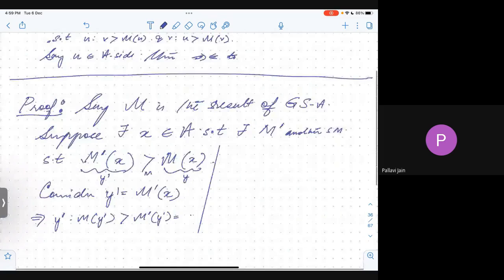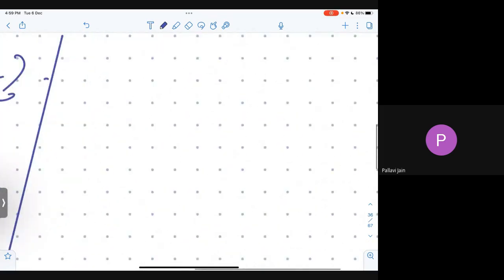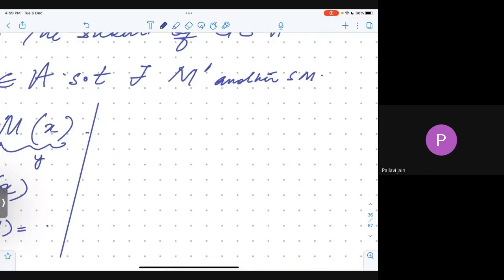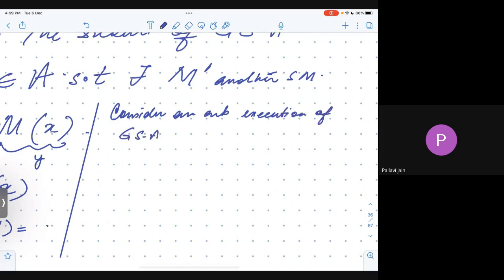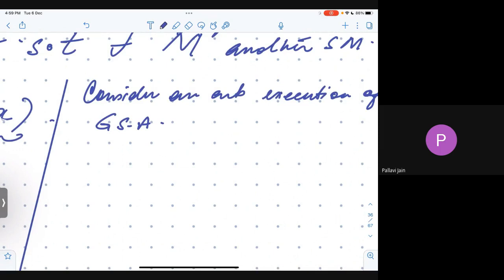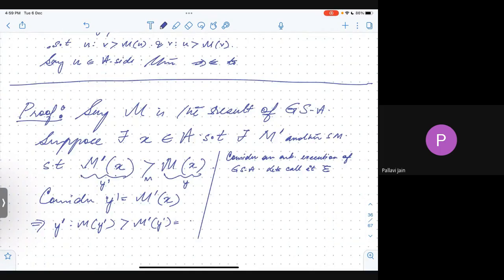Okay, all right. Let me try to sketch a proof for this. Consider an arbitrary execution of this Gale-Shapley algorithm, and let's call it E. I'm going to state a property regarding any arbitrary execution of the Gale-Shapley algorithm, therefore it holds for every execution.